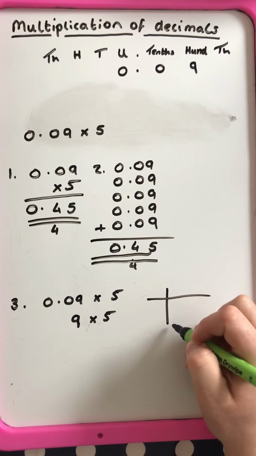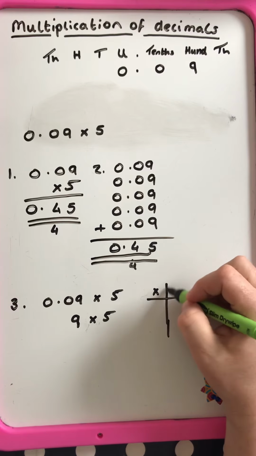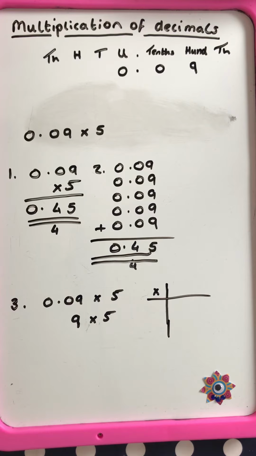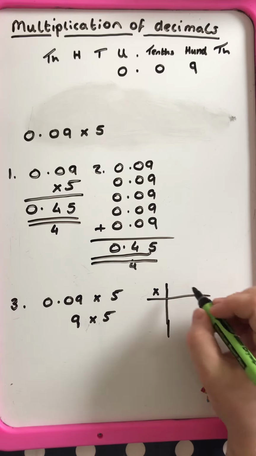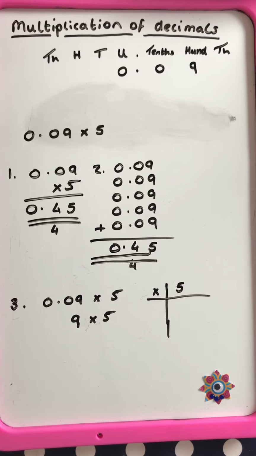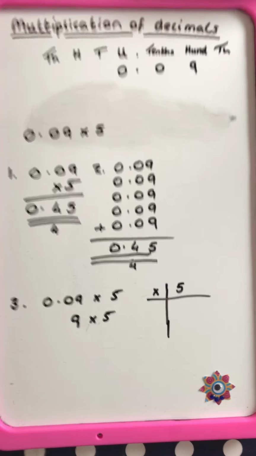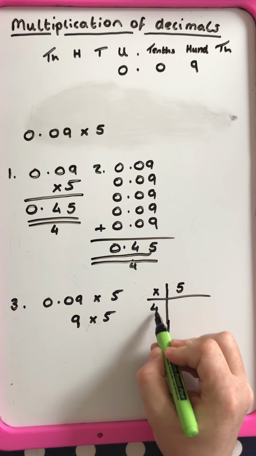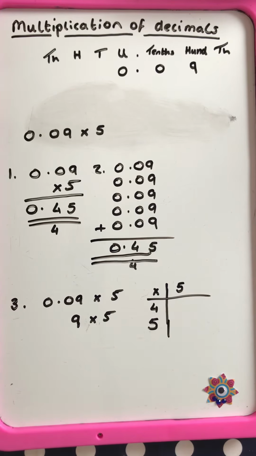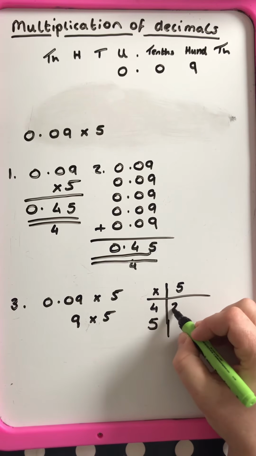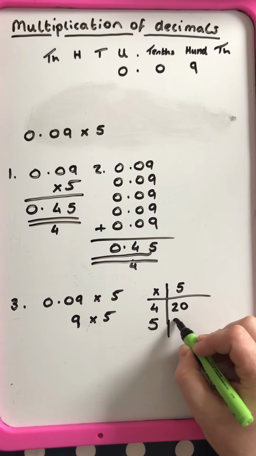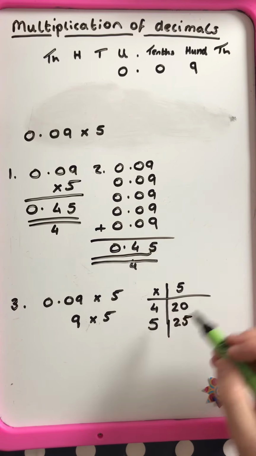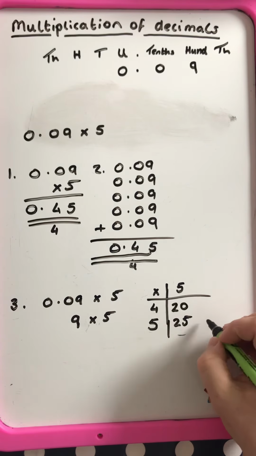If we had to have a strategy for that, we could use area multiplication. Let's say our 5 times table we're all right with, our 9 times table we aren't so good with, so let's look at 4 add 5, because the 4 times table we're okay with, 5 times table we're okay with. 4 5s are 20, 5 5s are 25, so this is an area multiplication, adding this together, 45.